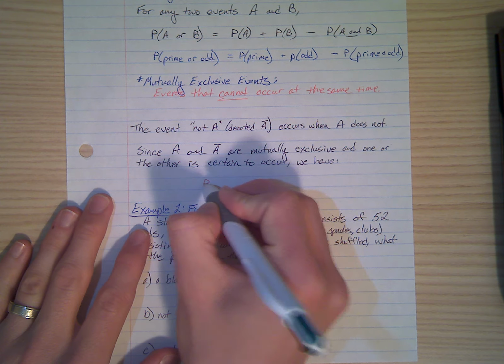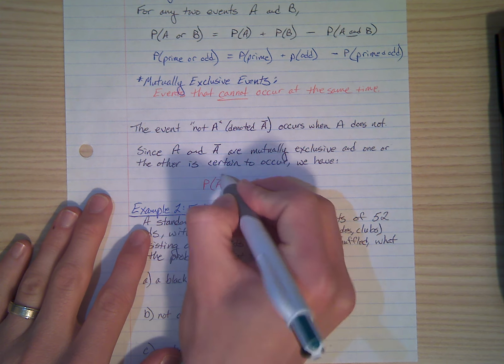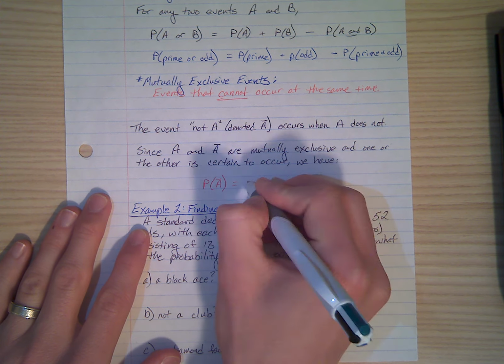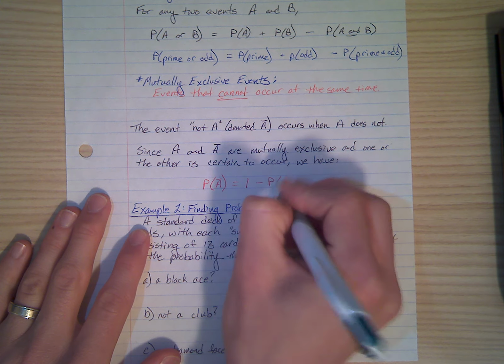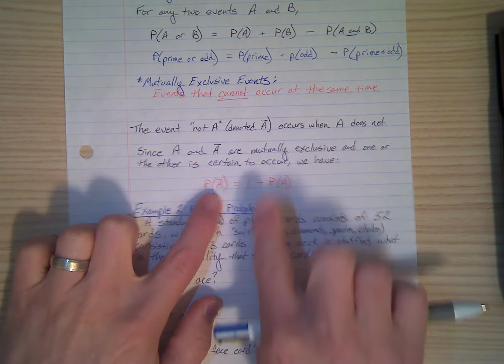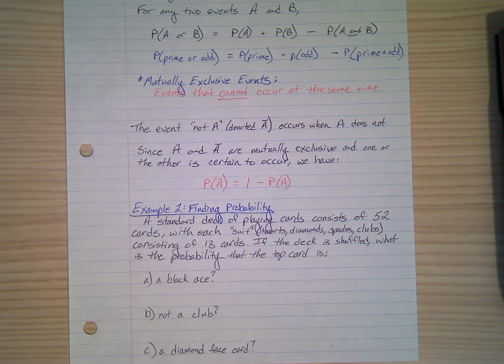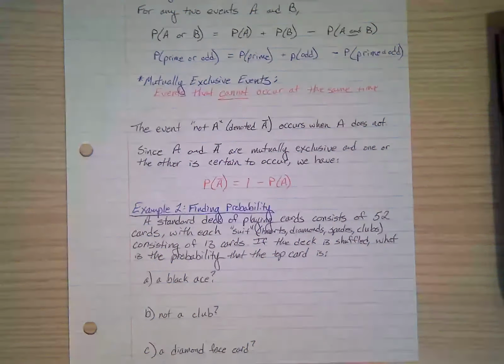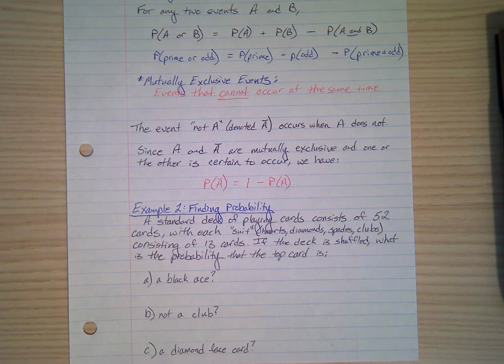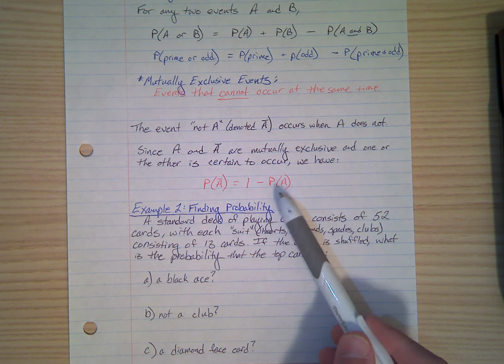So then the probability of not A occurring is equal to 1 minus the probability of A occurring. And these are interchangeable, these two could be exchanged easily. So just keep that in mind when you're doing some of those problems. It's much easier to simply figure out the probability that A could occur and then subtract that from 1 to figure out the probability that not A occurs.